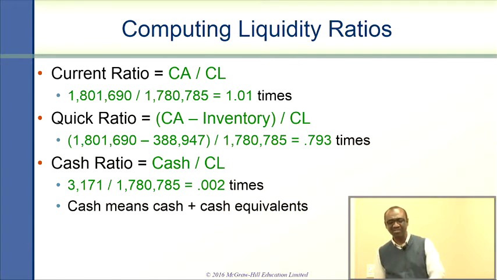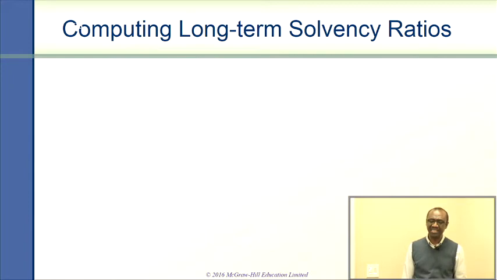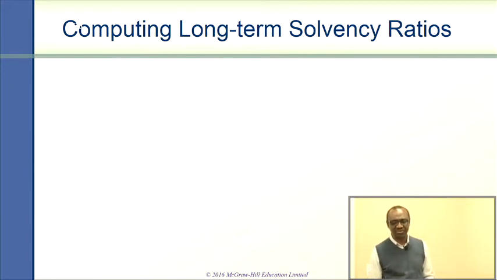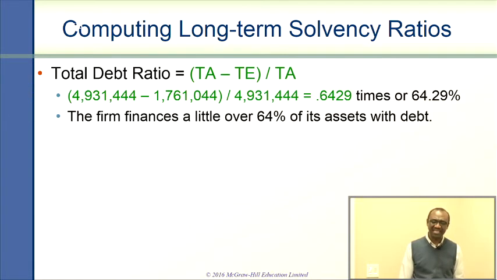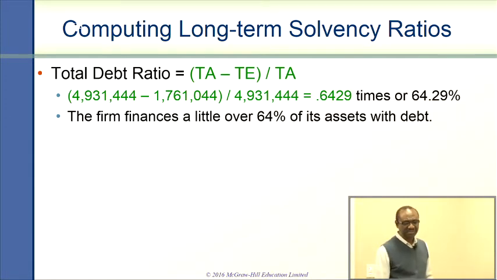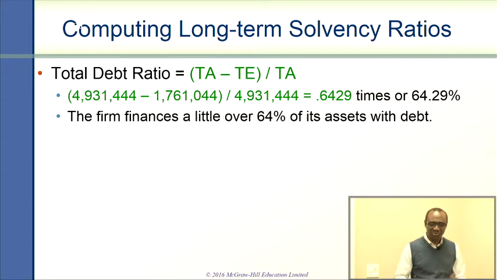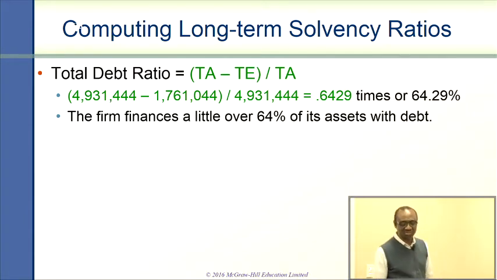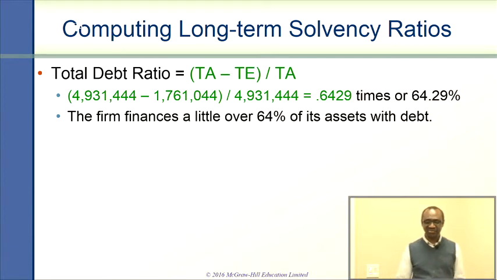Now, let's look at long-term measures, which has to do with the long-term solvency ratio. With the long-term solvency ratio, we look at something like the total debt ratio. With the total debt ratio, we look at the total assets minus the total equity, divided by the total assets. So in this case, we look at the number of times.